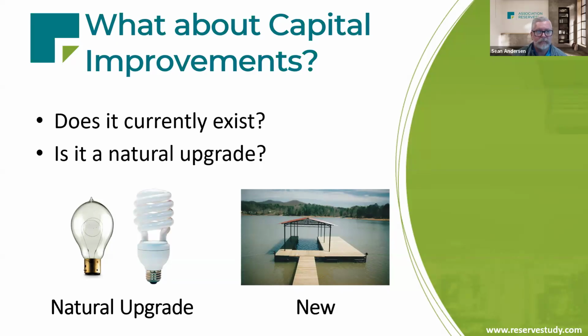By definition, that tells me it's a capital improvement. It's a new asset, and we don't want to take money that we've been collecting for the deterioration of assets that currently exist and spend it on components that don't yet exist. So you can't use reserve funds to build that new dock.